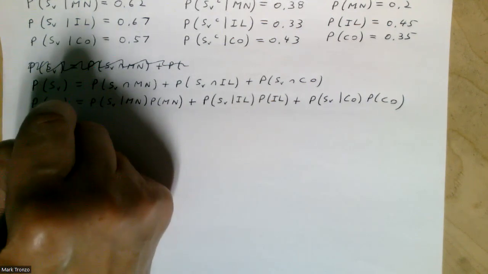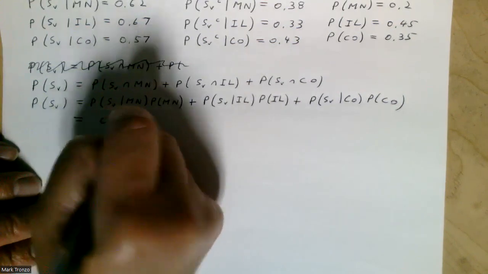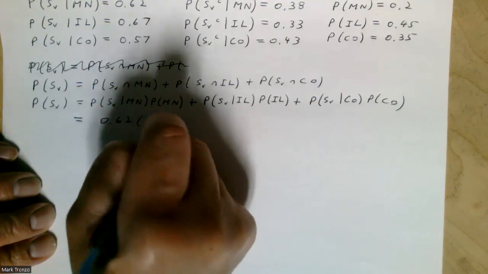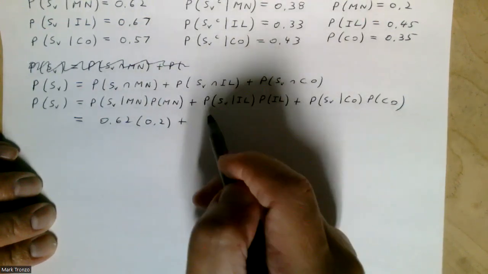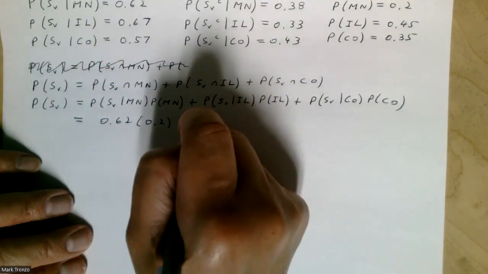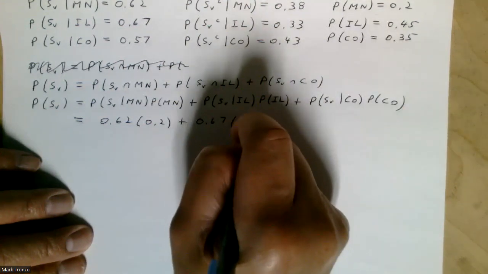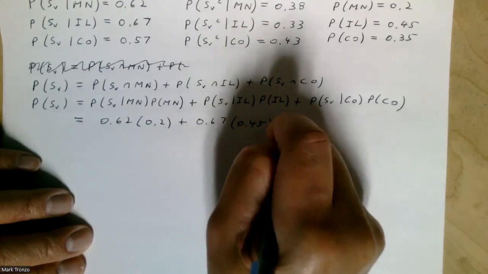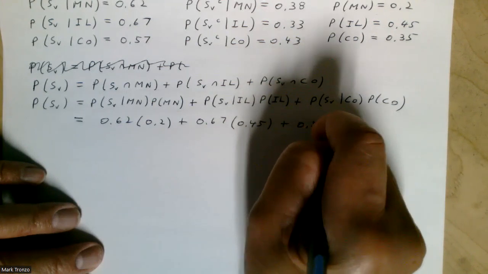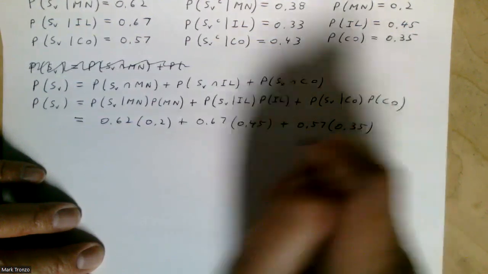Now we know all this stuff. We can put 0.62, 0.2, 0.67, 0.45, 0.57, 0.35.